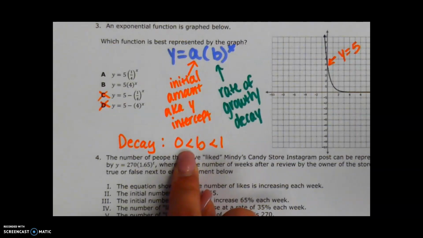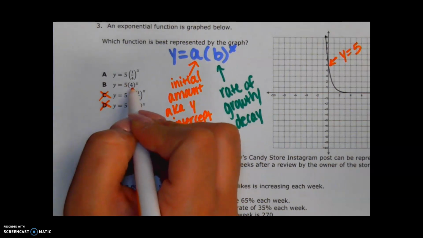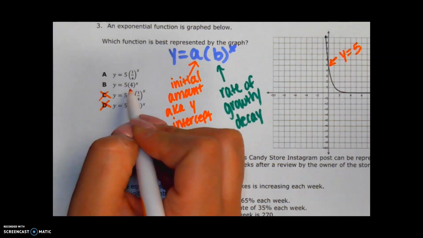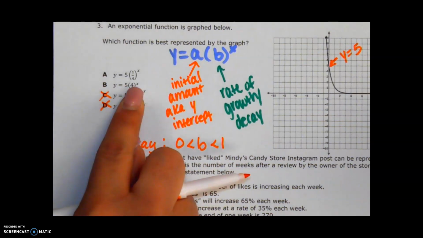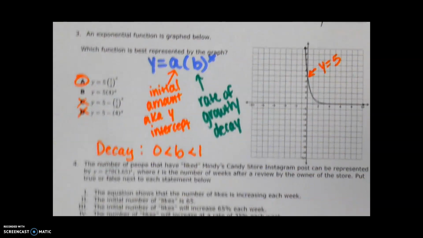I can look at my answer choices and I notice that answer choice B, 4, is not in between 0 and 1. That's a growth. And if you're confused about it, type this into Desmos calculator, graph it, or graph it on Wolfram. I think Desmos looks better. You'll see that B is not it because that's a growth. Okay, so it's got to be A.